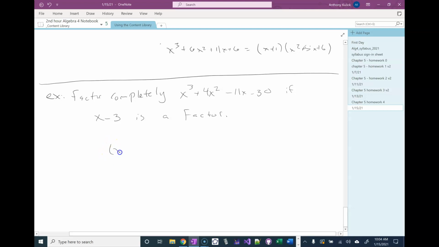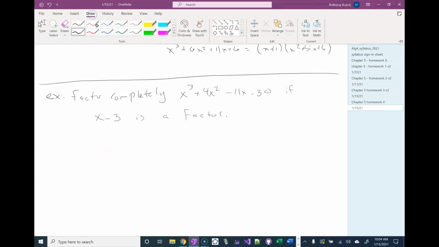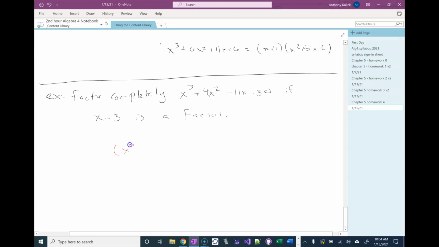Okay, so what we'll do here, and again, I'm going to write maybe a little bit more than you would really need to, but I want to give a little bit of context to what we're doing and connect it back to the things we've already done. So this is what I need to start with, right? I need to start by taking the polynomial that we're trying to factor and dividing it by its factor. Everybody's okay with that?